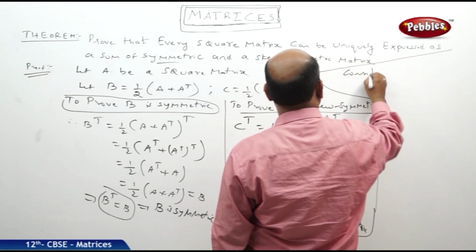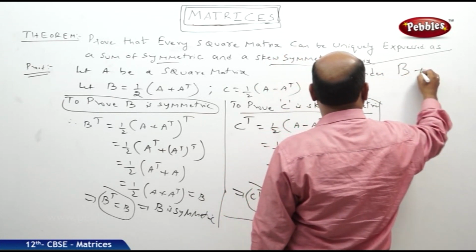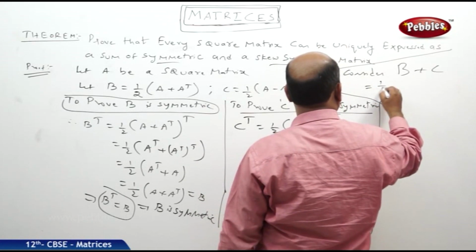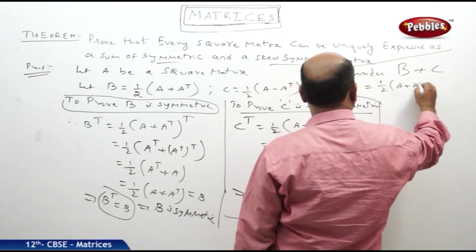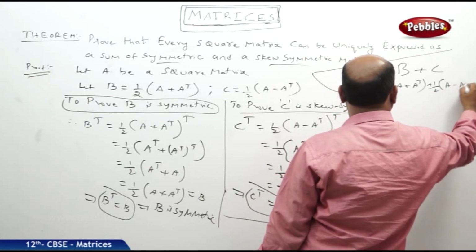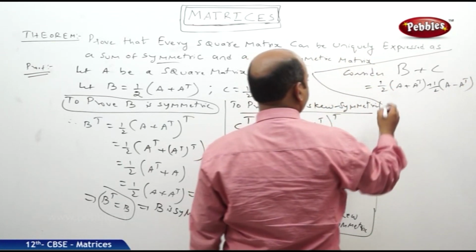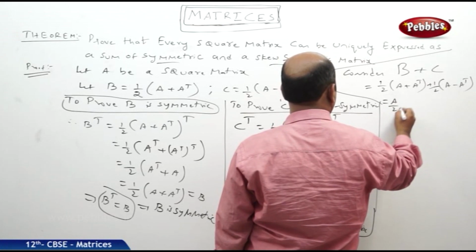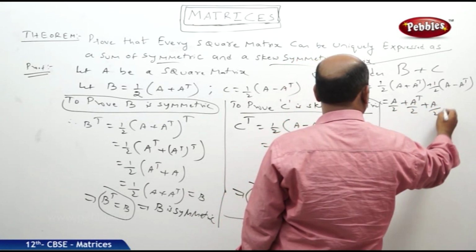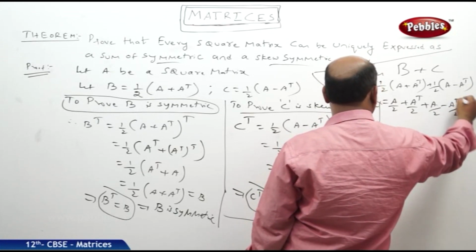Now later, consider B plus C. But what is B for us? 1 by 2 into A plus A transpose plus 1 by 2 into A minus A transpose. That means A by 2 plus A transpose by 2 plus A by 2 minus A transpose by 2.